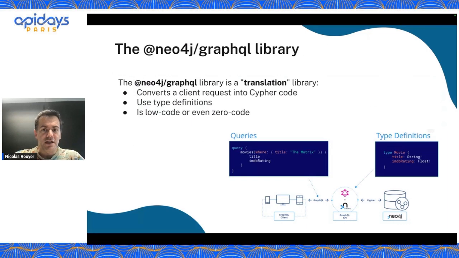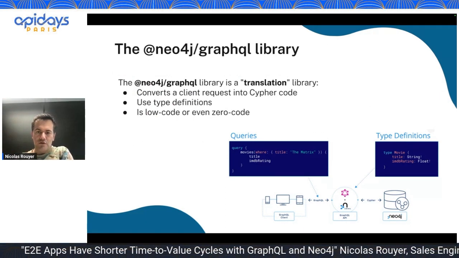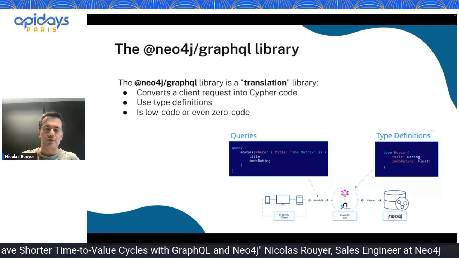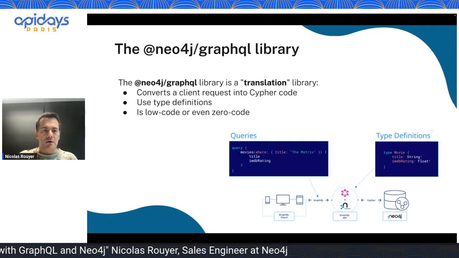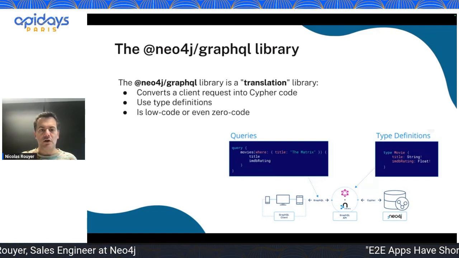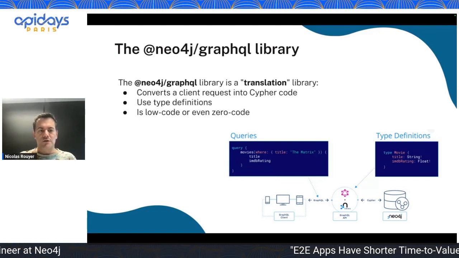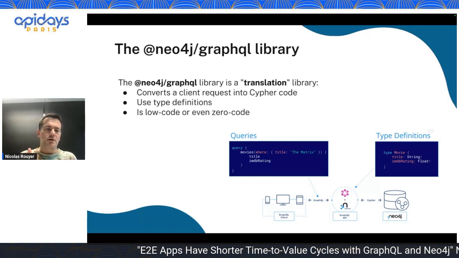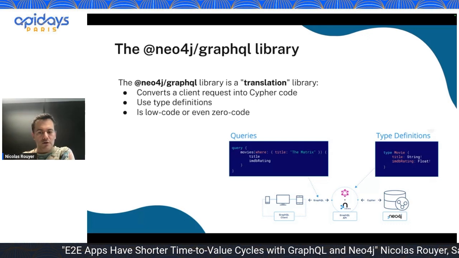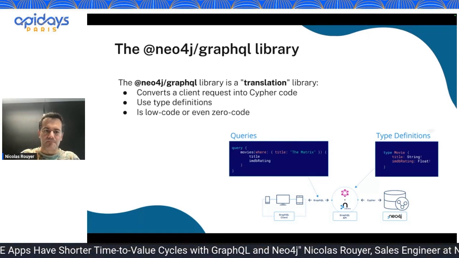The @Neo4j GraphQL library is a kind of translation library. It converts a client request into Cypher code, which is Neo4j's language to traverse data through pattern matching. The library uses type definitions and is low code or even zero code, because you can use a feature named introspector to generate a GraphQL schema from your graph model in the graph database.